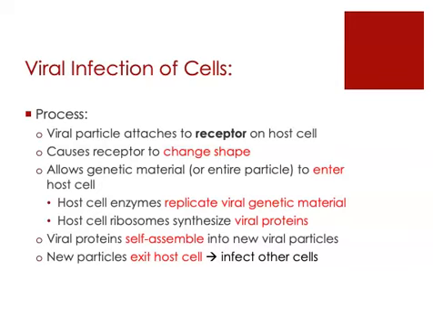It's going to make copies of it, number one, and it's also going to transcribe and translate the genetic material. Remember from the central dogma, the process of taking DNA and making RNA, that's called transcription. And the process of taking RNA and making protein, that's called translation.